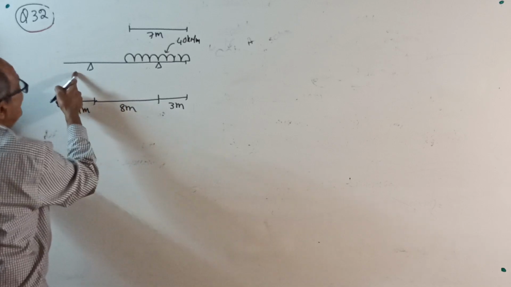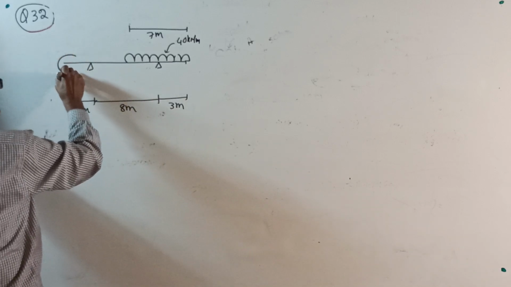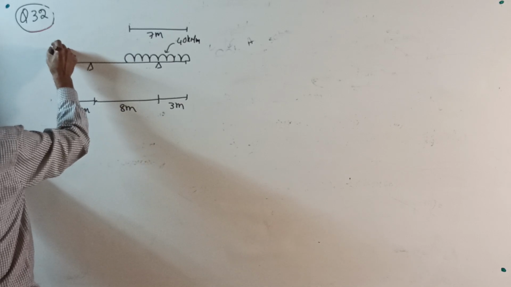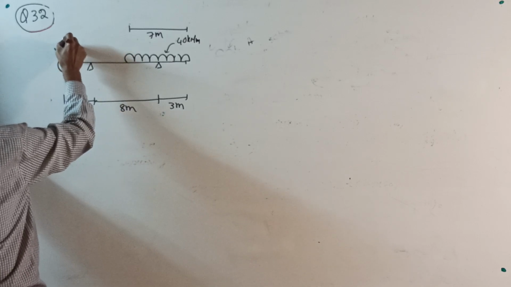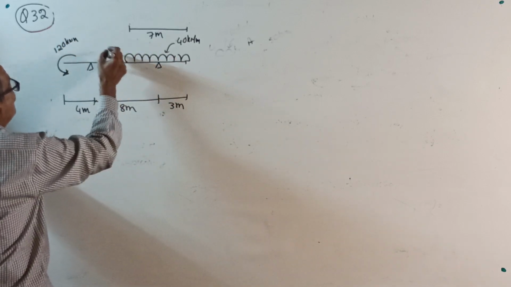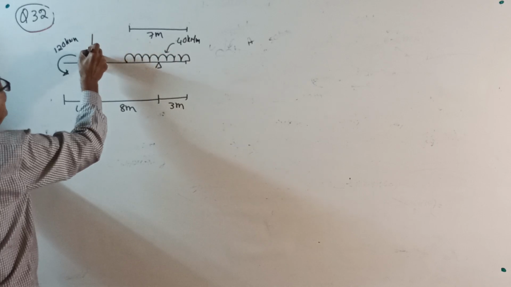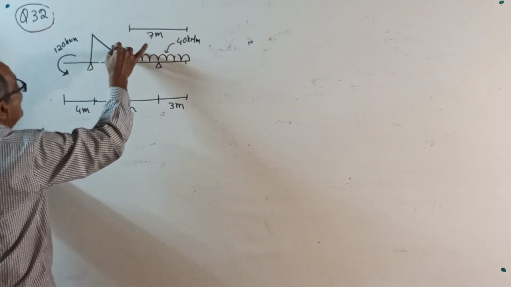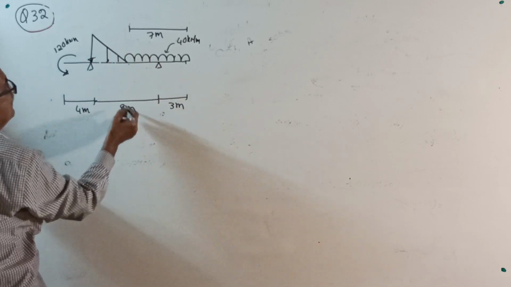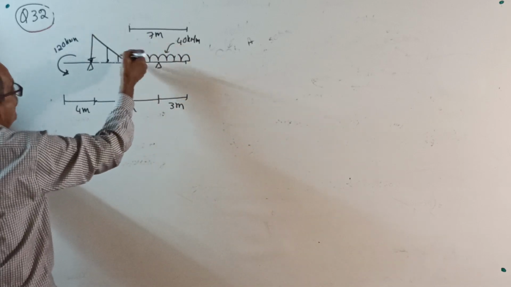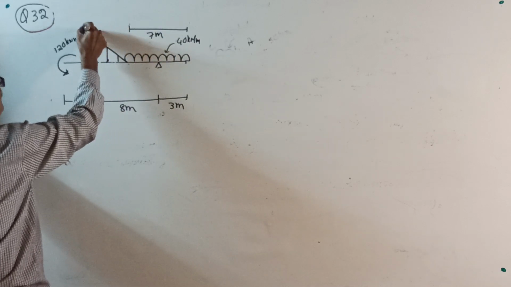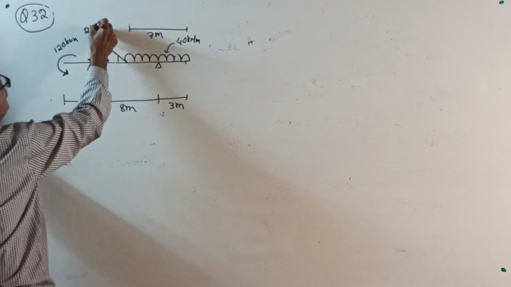Then here I will put one couple, an anti-clockwise couple of 120 kilonewton meter. Apart from that, I will put side by side a uniformly varying load here, 0 to 24 kilonewton per meter.